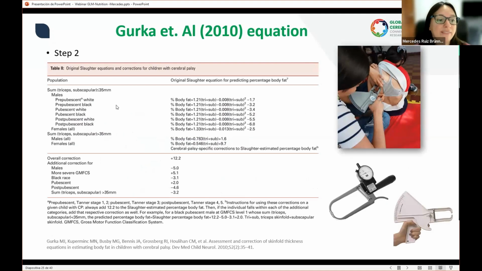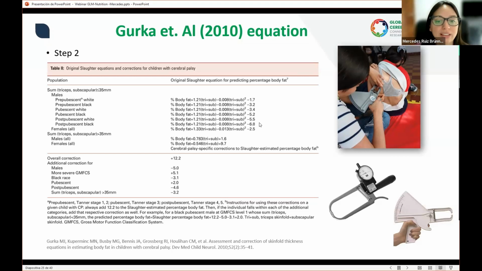We have to have the skin folds, and we have to know the Tanner stage of the children. That is another important piece of data that we should have in regular clinical practice. It depends on the sum when we add the tricep and subscapular data. If it's less than 35 millimeters, we should choose from one of these equations, and if it's higher than 35 millimeters, we should choose from one of these equations.